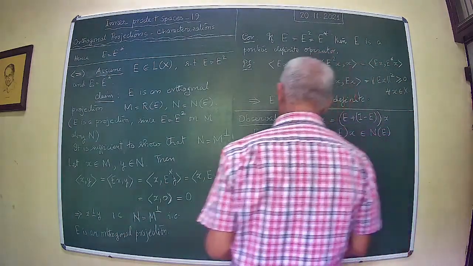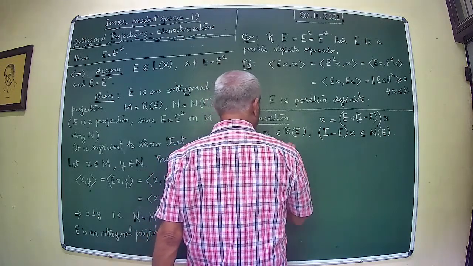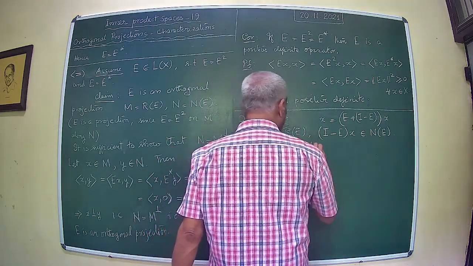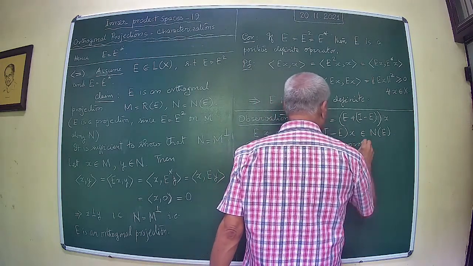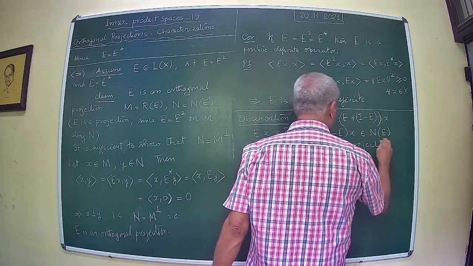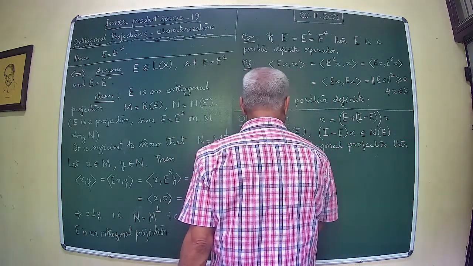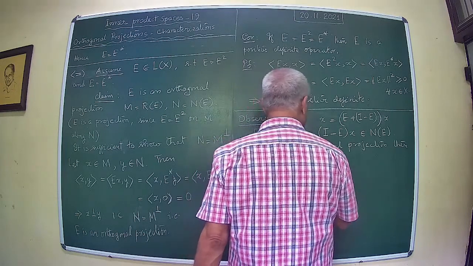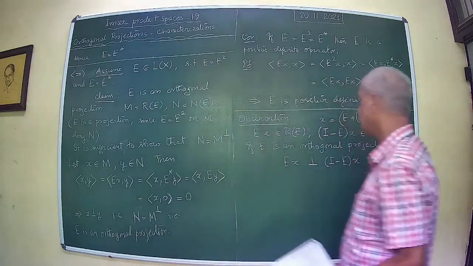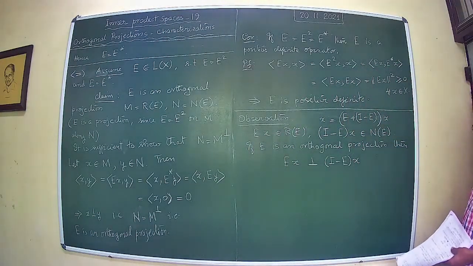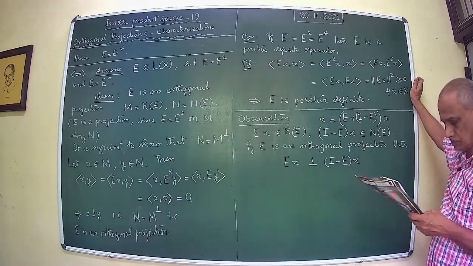So if E is an orthogonal projection, Ex is orthogonal to I minus E x. Now that's very easy to see.